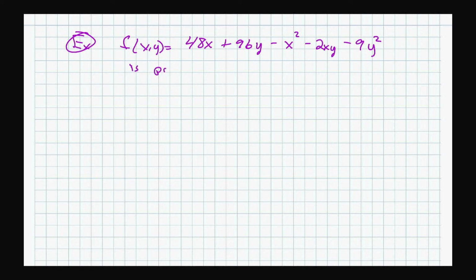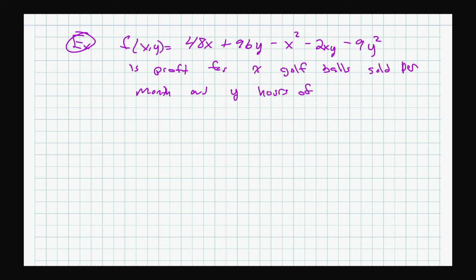So this is profit for x golf balls sold per month and y hours of advertising.